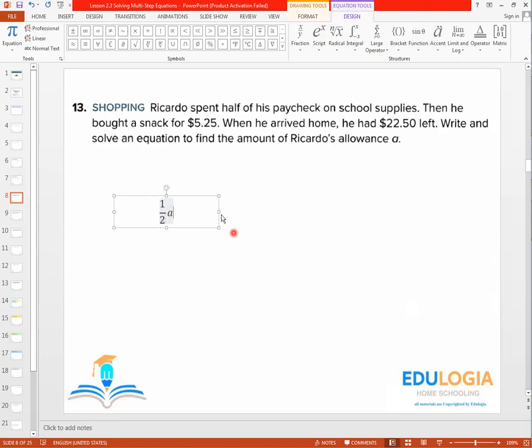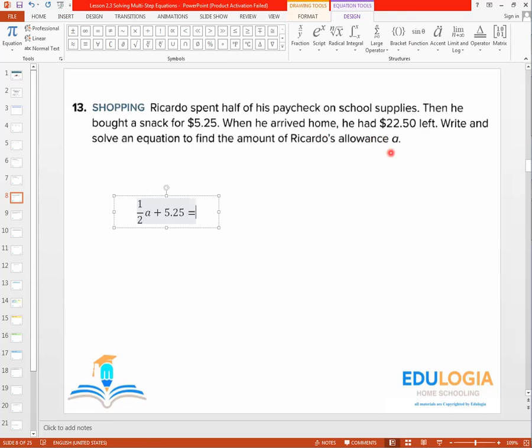On school supplies. Then he bought a snack for, so it's a plus 5.25. When he arrived home, he had 22.50.